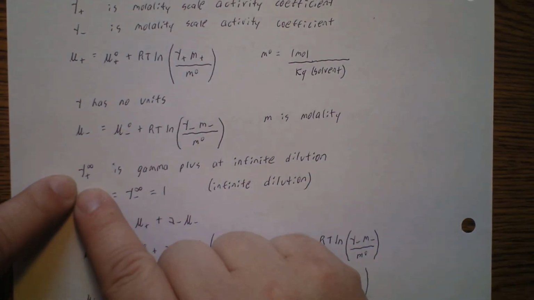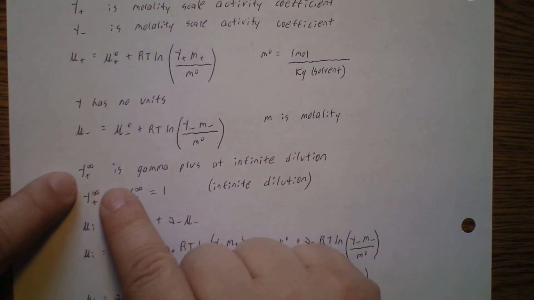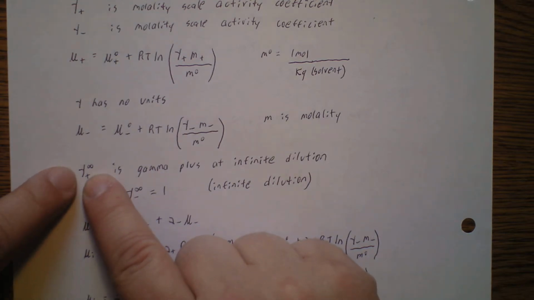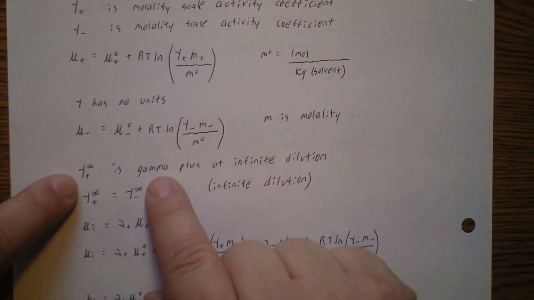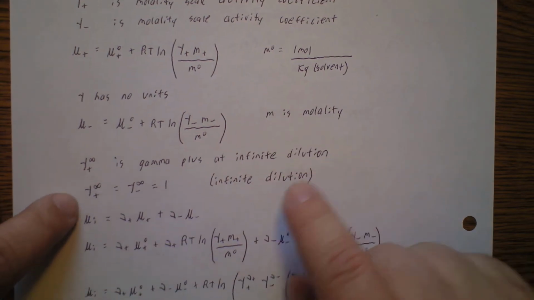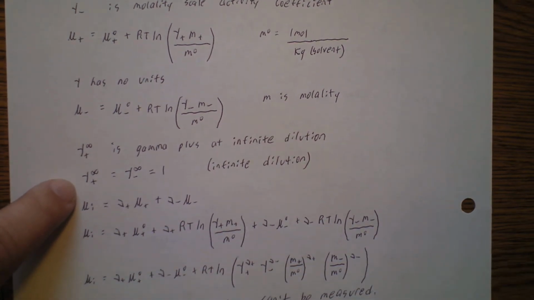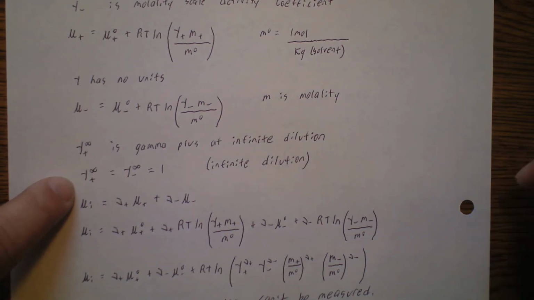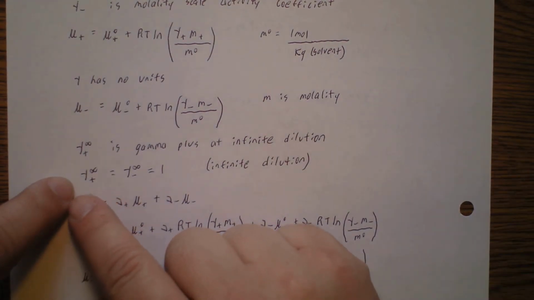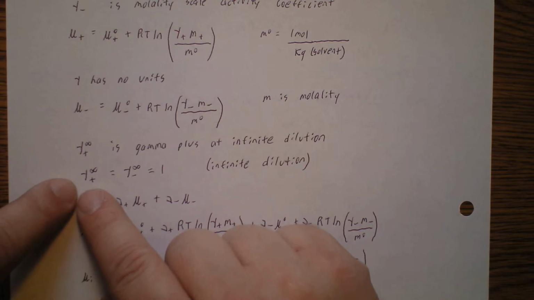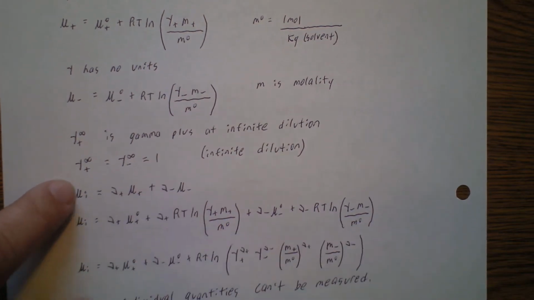Then we have the gamma, or activity coefficient, of the cation at infinity, meaning infinite dilution, which basically means there's almost zero of the substance in the solution. So the activity coefficient at infinite dilution is equal to 1.